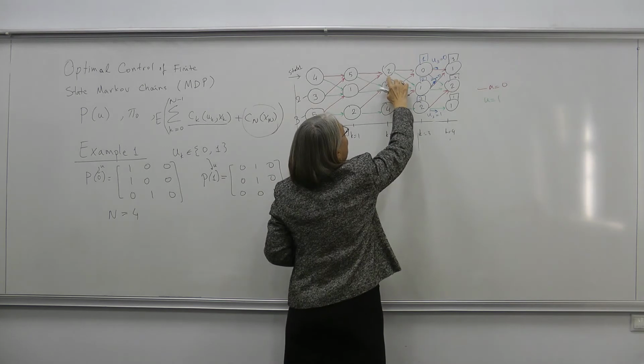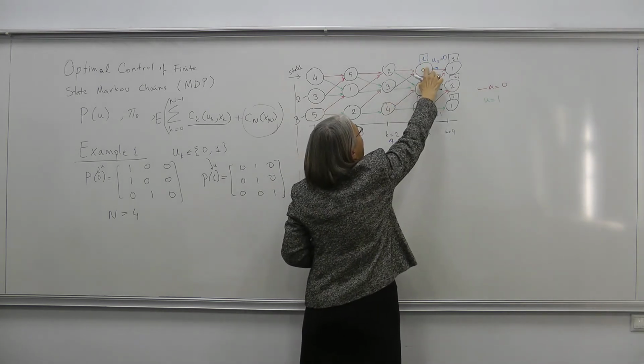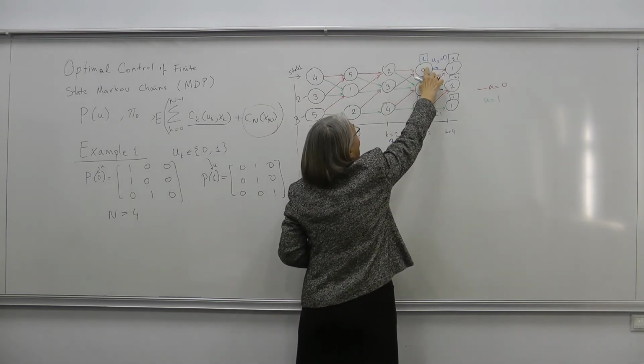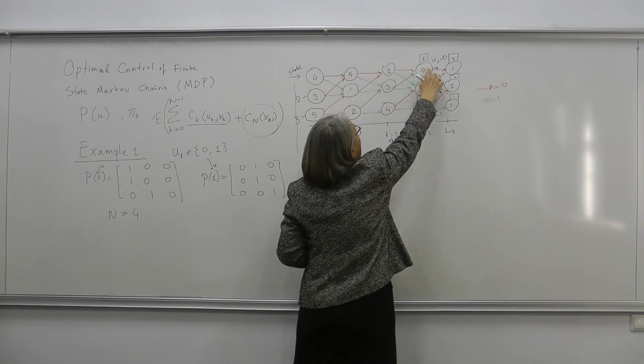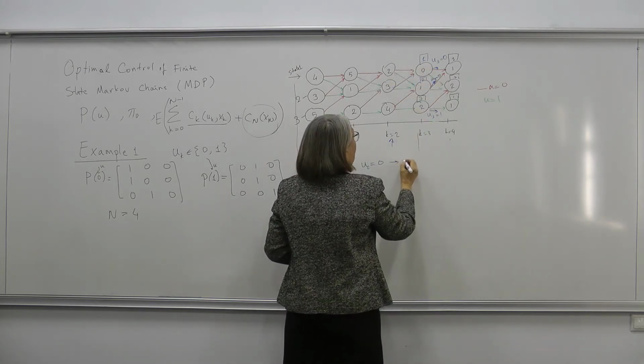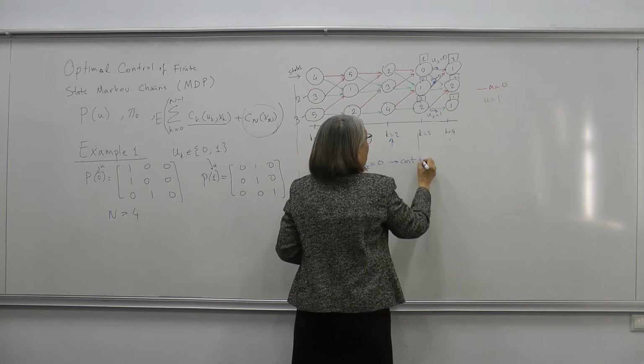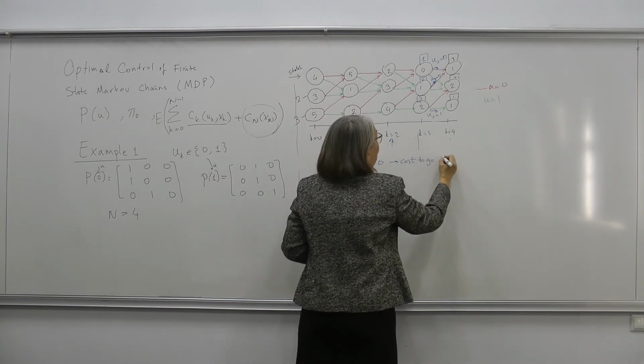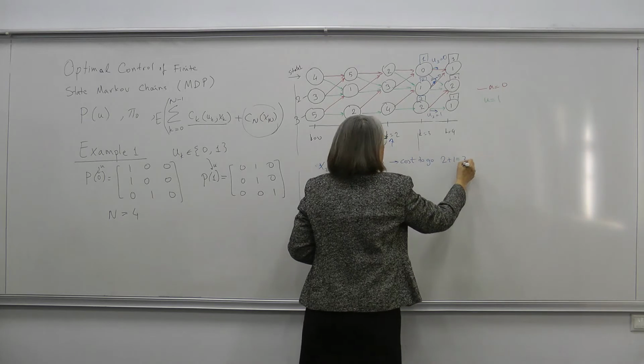will be equal to 2 plus the minimum cost to go there, so that it will be equal to 2 plus 1. So the cost to go will be 2 plus 1, which is equal to 3.